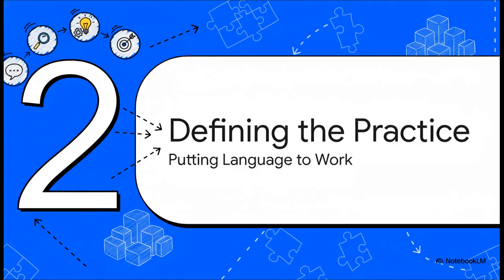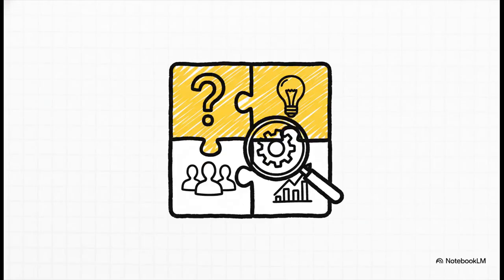Okay, so we have these 6 core concepts. How do they actually build into a real-world practice? Well, now that we have this shared language, the official definition of business analysis is going to make perfect sense. I love this because it just shows the connection so clearly. Business analysis is the work of understanding a need, figuring out a solution, and making sure it delivers value to stakeholders.